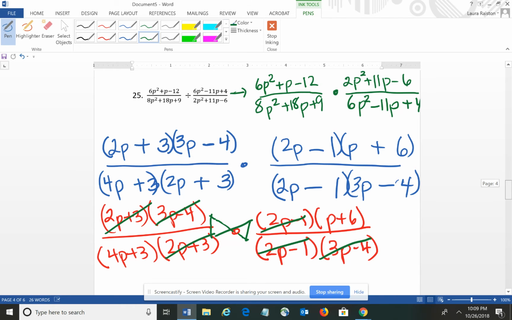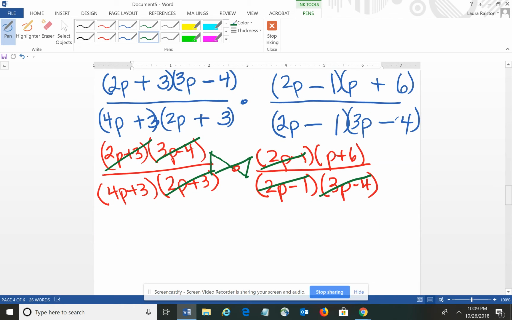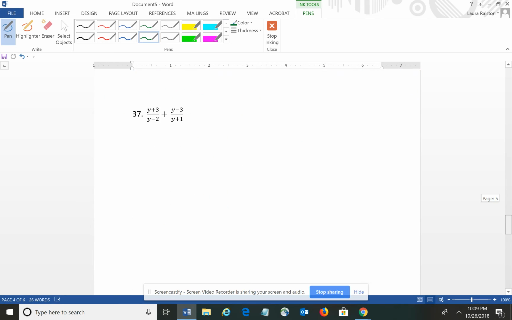So when I have everything divided out, I'm left with p plus 6 over 4p plus 3. So the division is very much like multiplication, but you have to remember to flip the second rational expression before you do the multiplication.